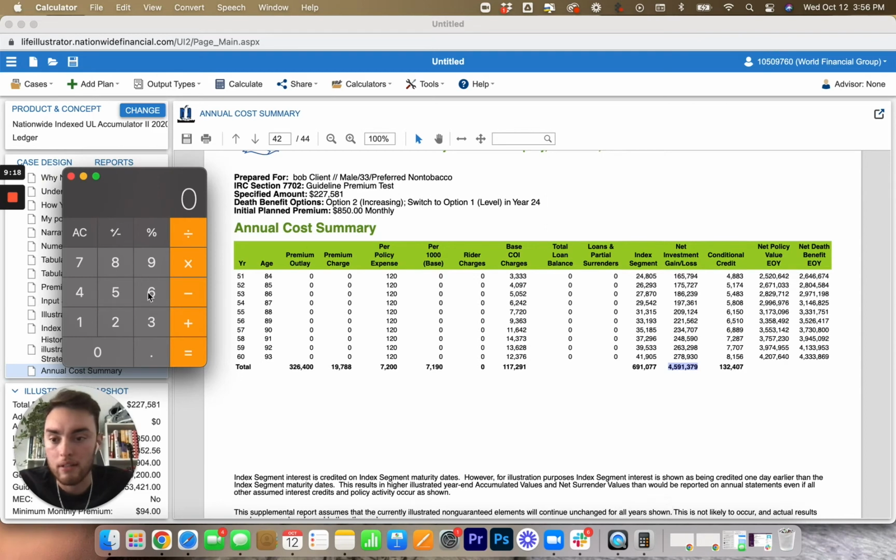So let's go ahead and add these up. $691,077 plus $4,591,379 plus $132,407 equals $5,414,863 is what you would have made.